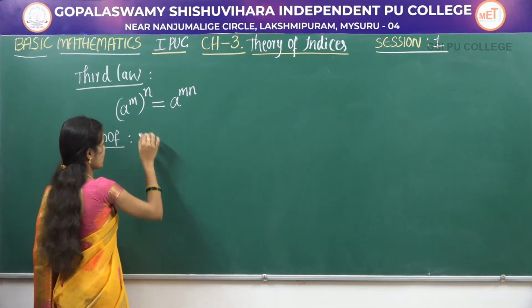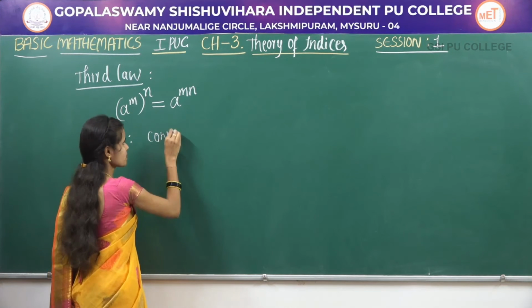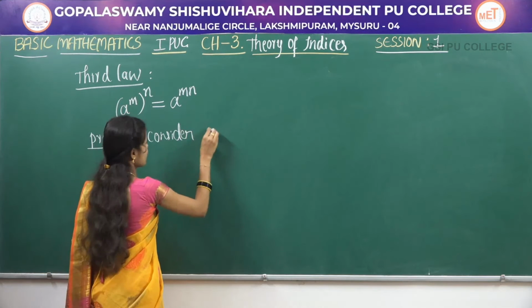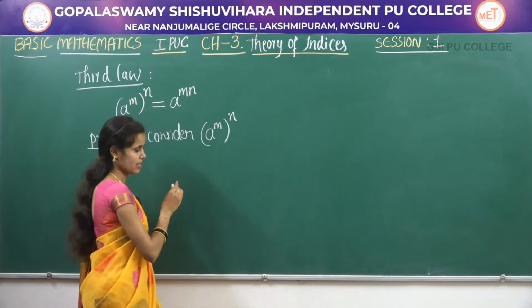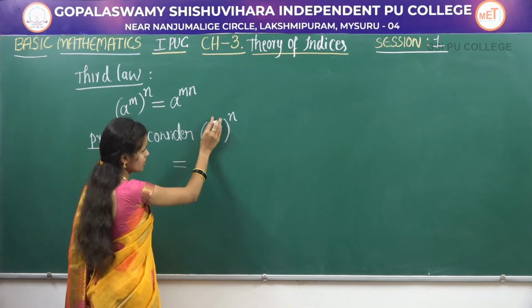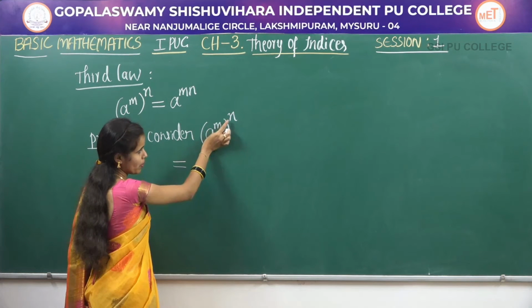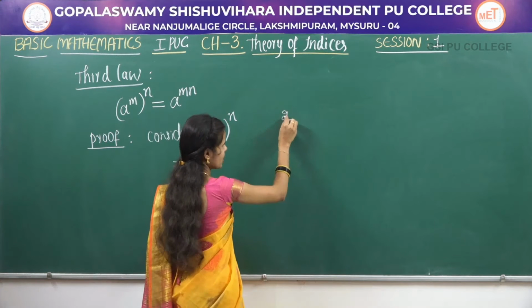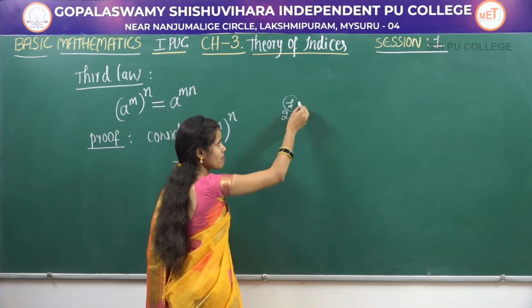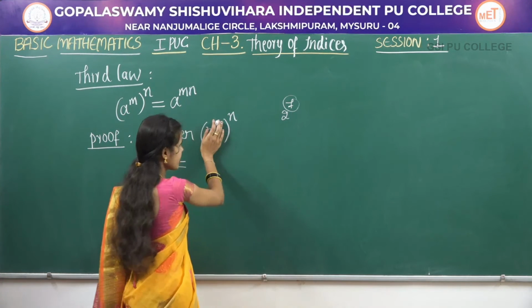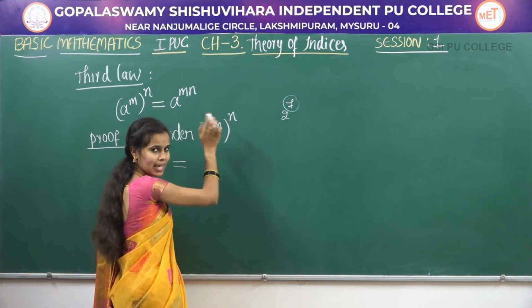Proof. Consider a to the power of m, whole to the power of n. Suppose we consider 2 to the power of 7, which means 2 into itself 7 times. Here, a to the power of m, n times.